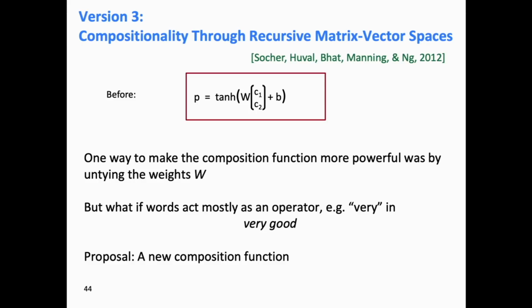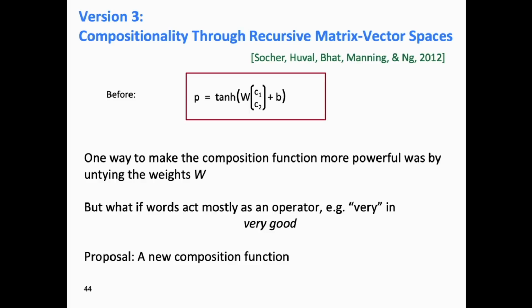And then the problem is which words have vectors and which words have matrices, and that's hard to know the answer to. In particular, words that act as operators can often themselves be modified.